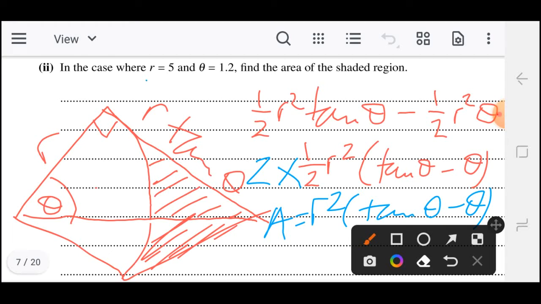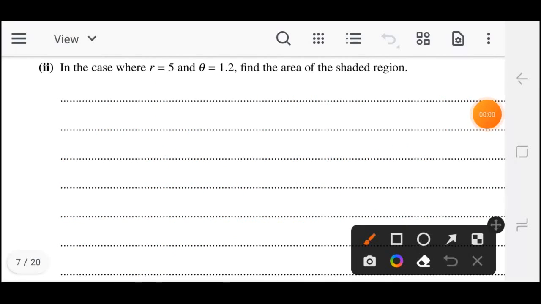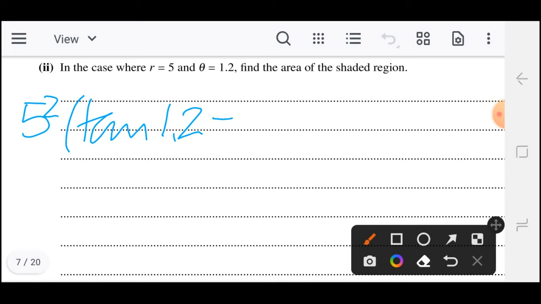So we are given the value of R there and the value of theta there. So all we do is substitute. Substituting will give us R squared. In this case, R is 5. So 5 squared, then we have tan 1.2 minus 1.2.